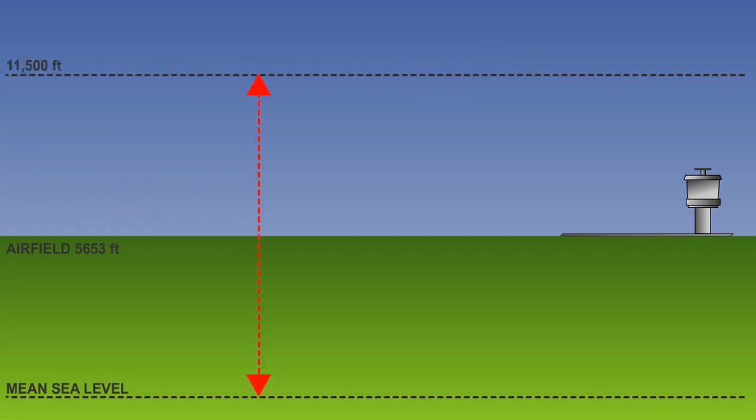The way to do this would be to calculate the time, fuel and distance to climb from mean sea level to 11,500 feet, which we have already done. Then calculate time, fuel and distance for a theoretical climb from mean sea level to the airfield elevation of 5,653 feet. And finally subtract the time, fuel and distance to climb from sea level to the airfield from the climb data from sea level to the cruise altitude.